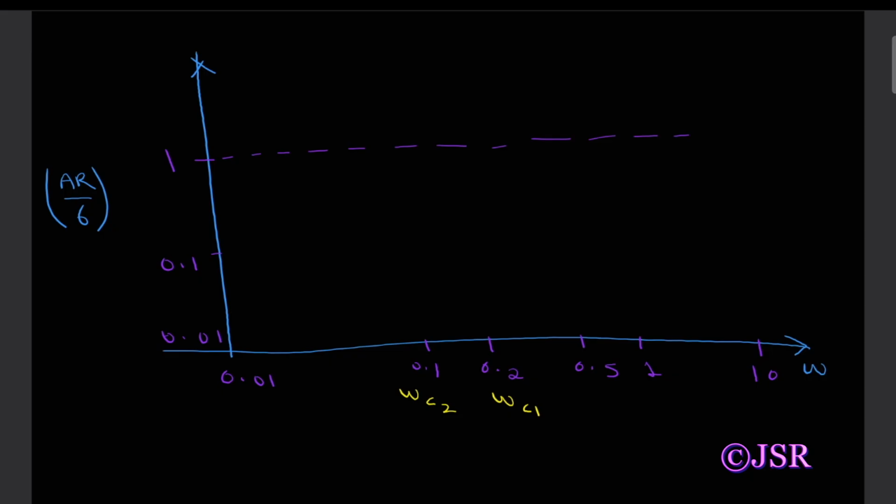So we have two corner frequencies, one is at 0.1 and the second one is at 0.2. So we can draw two vertical lines passing through these corner frequencies.